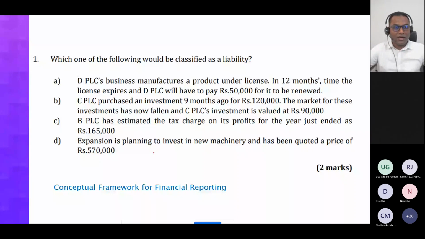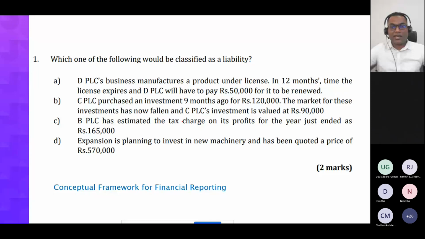If I go one by one: A, DPLC's business manufactures a product under a license. In 12 months' time, the license expires and DPLC will have to pay 50,000 rupees for it to be renewed. Do we have a present obligation here?